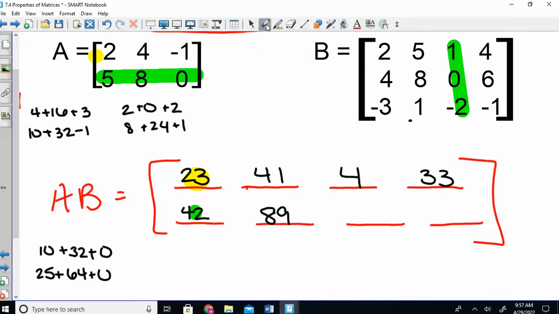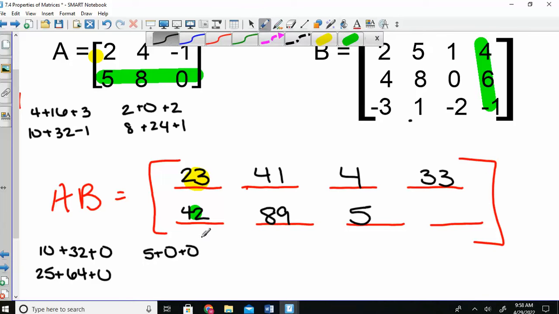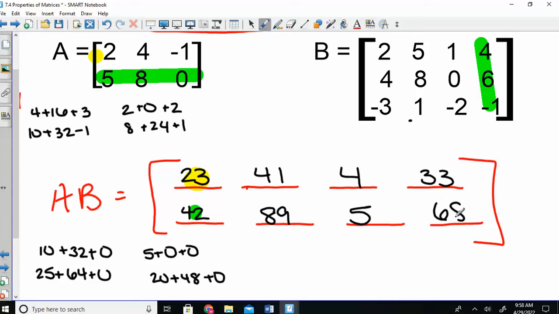Next column. So 5 times 1 is 5, 8 times 0 is 0, 0 times -2 is 0, and we get 5. And then the last column. So we get 20 plus 48 plus 0, which is 68.